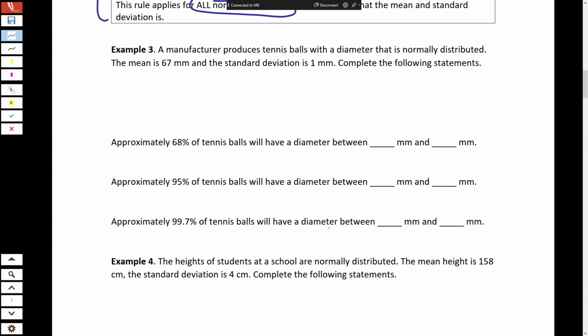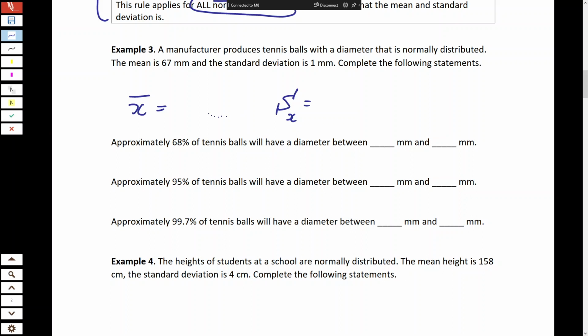All right. So let's do example number 3 together. So you've got the 68, 95, 99.7% rule in the box above. It will help you to write down the mean and the standard deviation and to use these symbols. So what's the mean? 67.